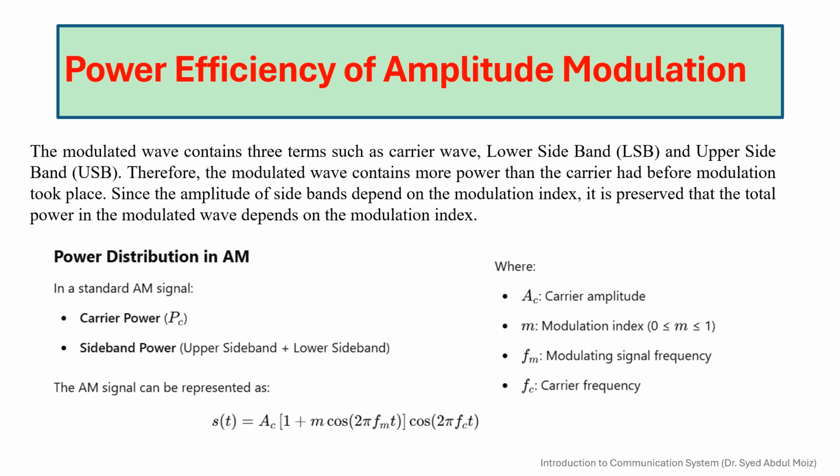Now we see that the AM signal can be represented by Ac(1 + m cos 2π fm t) multiplied by cos 2π fc t, where fm is the modulating signal frequency and fc is the carrier frequency.